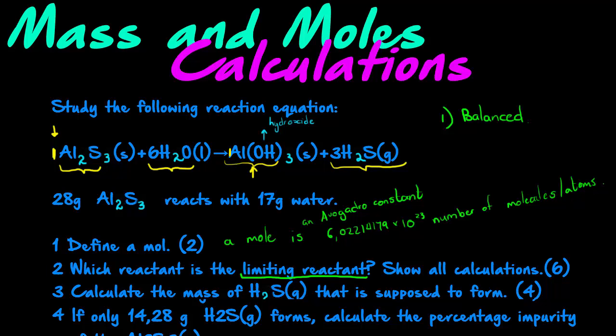Okay, I haven't mentioned this before, but you'll notice here in brackets there is some additional information. This just tells you in what state the compound is. For example, we have a solid dissolved into a liquid, and that causes a reaction that produces a solid, and it produces a gas.